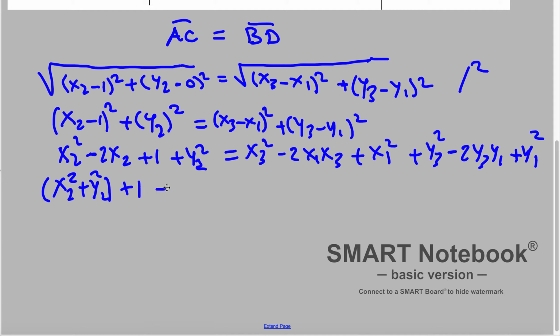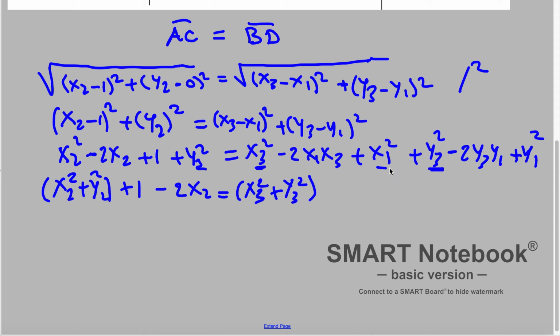This is plus 1, and this minus 2x2 is going to remain on this side. Again, looking at those with the same indexes, x3 squared and y3 squared, those are going to be cosine squared plus sine squared, which is equal to 1.